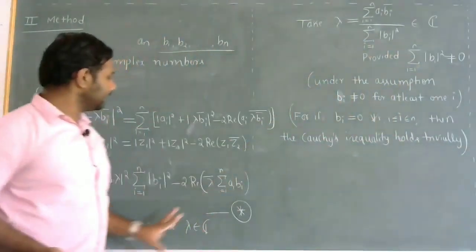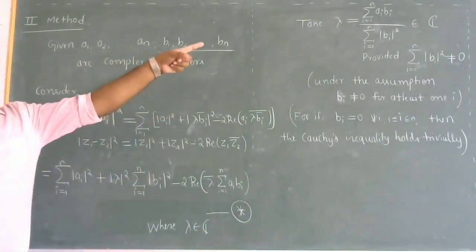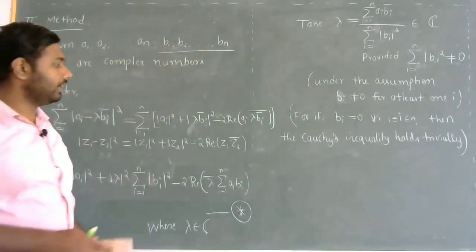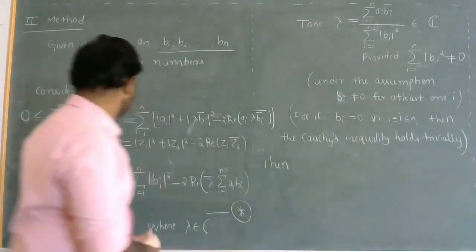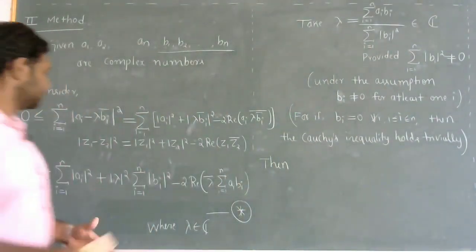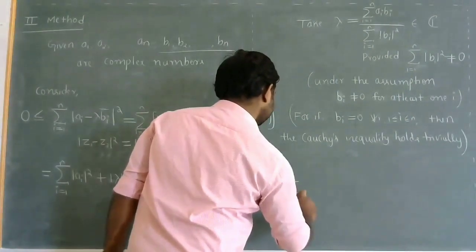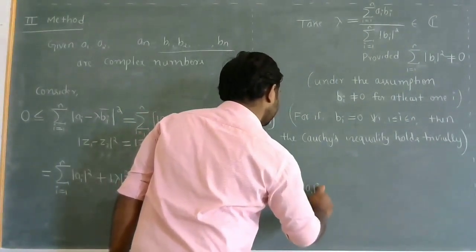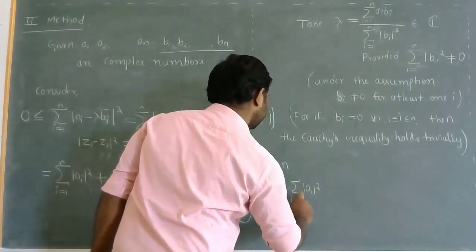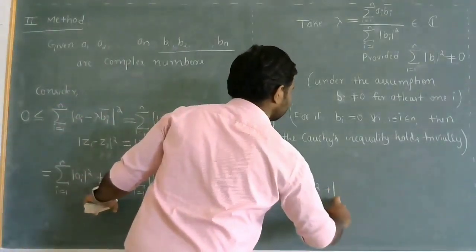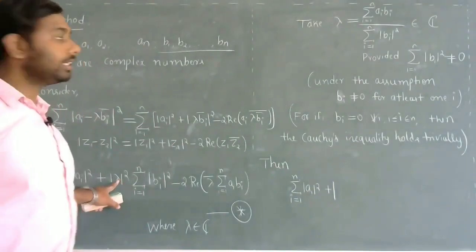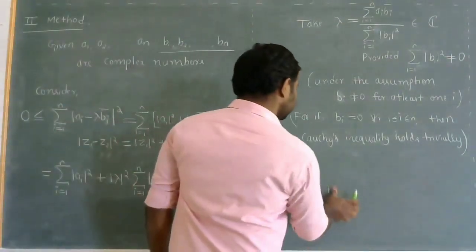Now consider equation star for that corresponding lambda value. Then what will this number be? Summation modulus of ai whole square, i running from 1 to n, plus, in place of lambda I'll take this value.